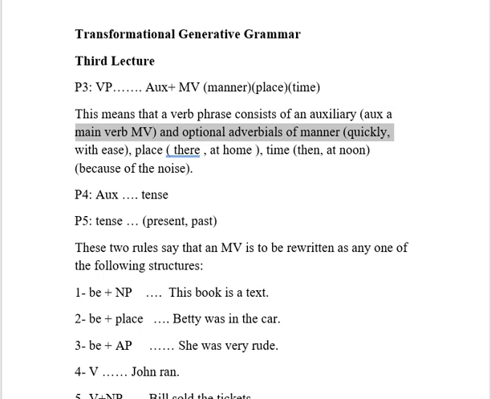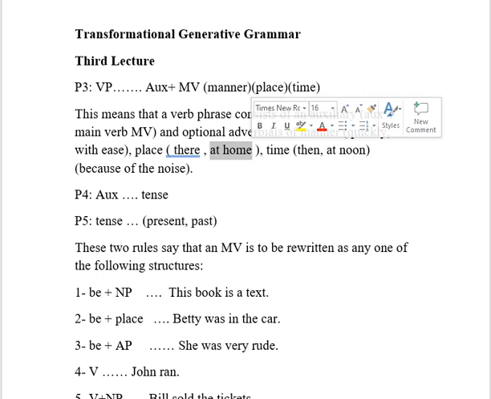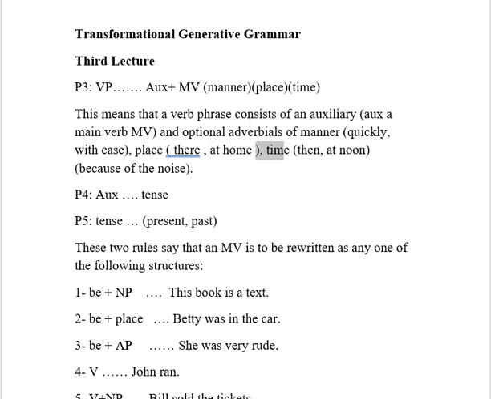Adverbials in the sentence may be manner, as quickly, adverb of place like there or at home, or adverbials of time like then or at noon, or because of the noise.